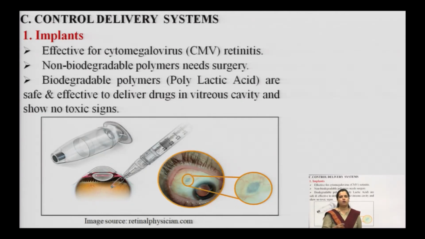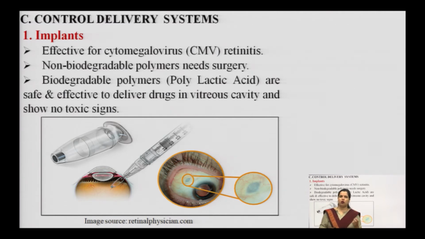Now, after vesicular, we will discuss controlled delivery systems for the eye, right. So, the first controlled delivery system for the eye is the implant. Though in your syllabus implantable drug delivery system is a separate topic which needs to be discussed in detail, in ocular administration implants also have an important role.